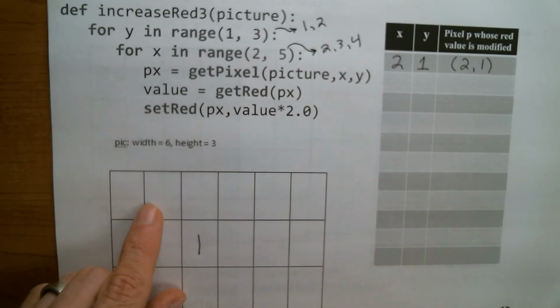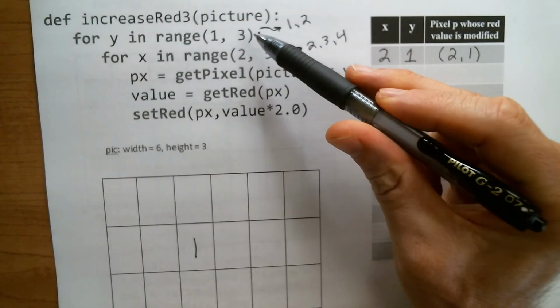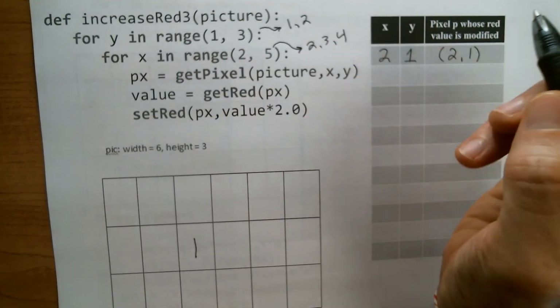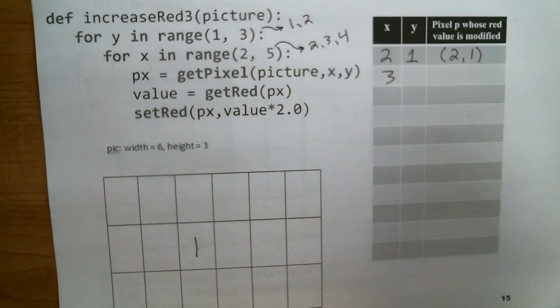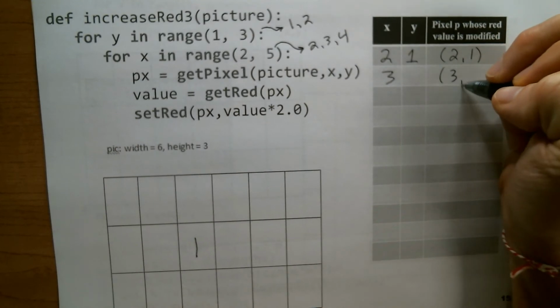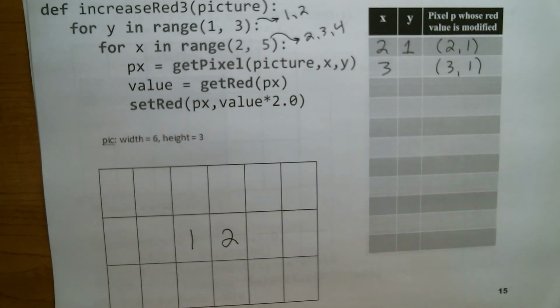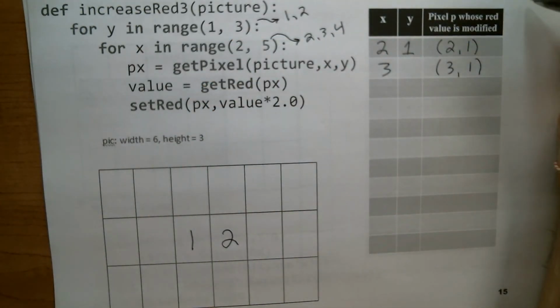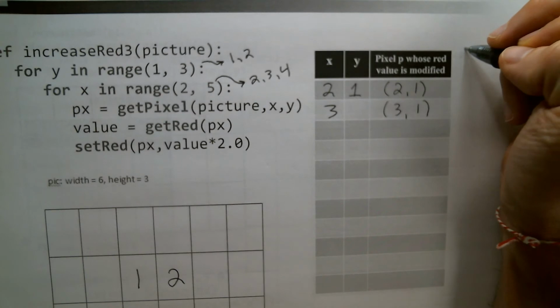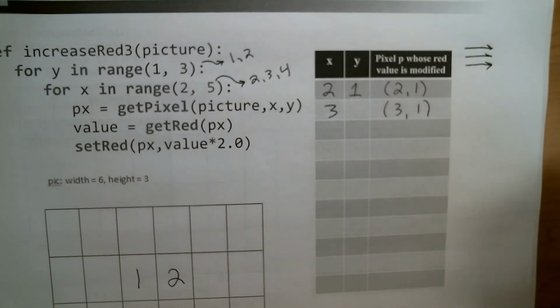So this would be the first pixel that I'm modifying. Again, this time y is my outer loop, so it's not the y that's going to change. It's the x that's going to change. So now I'm going to coordinate 3, 1, which is right over here. Because I put the y on the outside, instead of going down the columns, I'm going across the rows and moving through the picture that way.